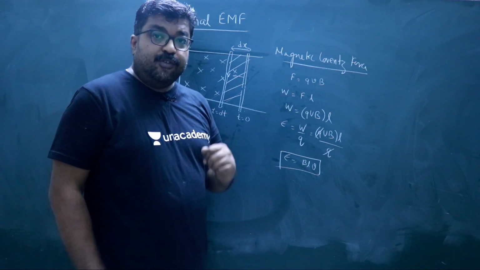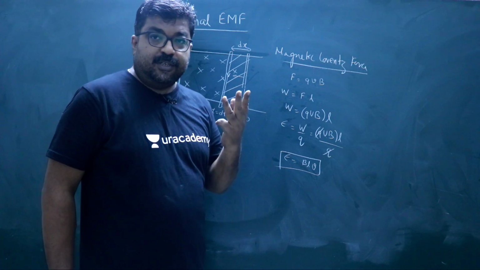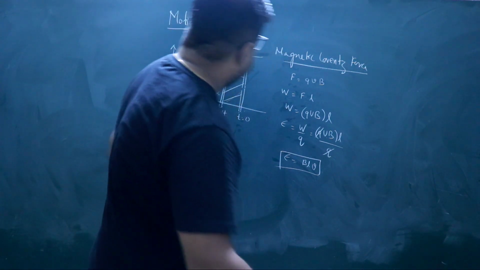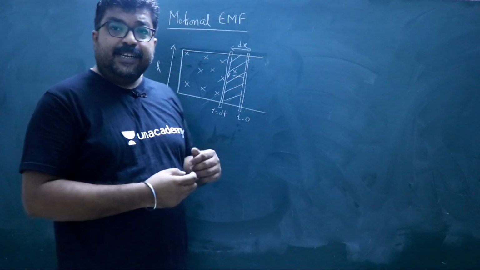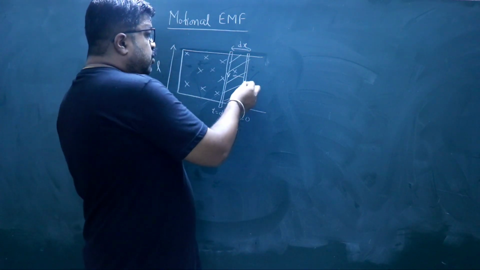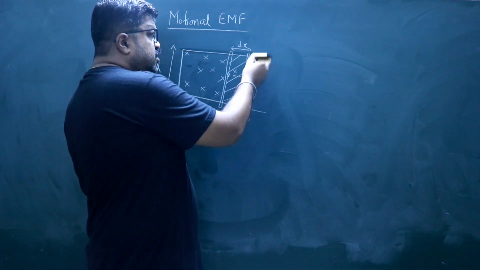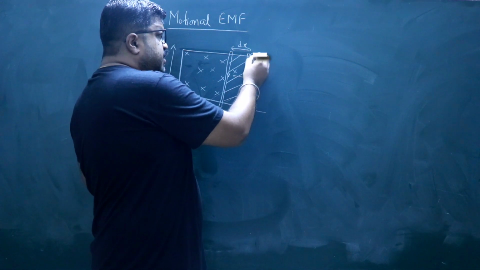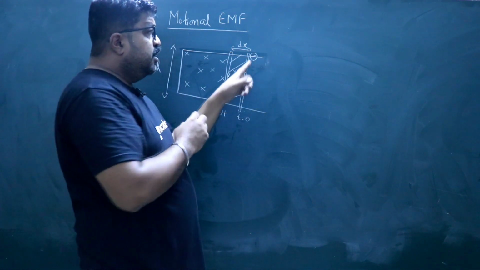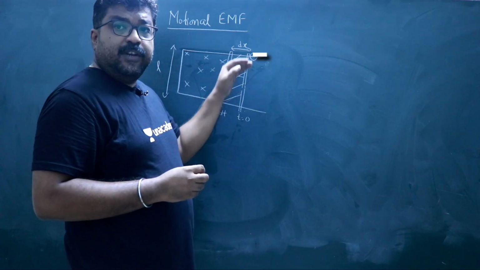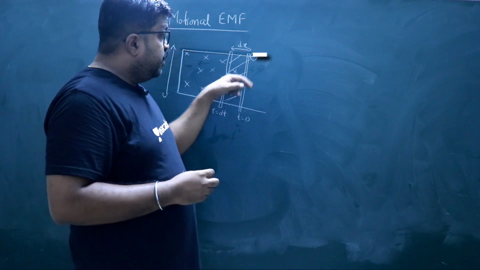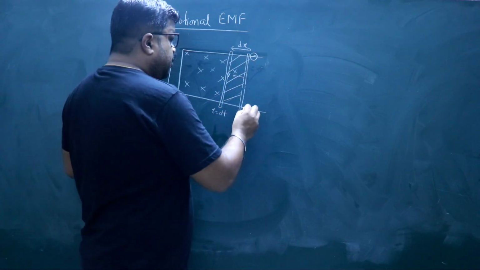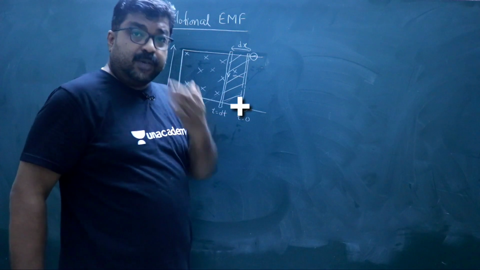Now interestingly, there is also a third approach to this. This magnetic Lorentz force is causing the electrons to move in the upward direction. So there is an accumulation of negative charge at the upper end. There is an excess of electrons on this side, so for every electron moving to this side, there will be a positive charge on the other side.